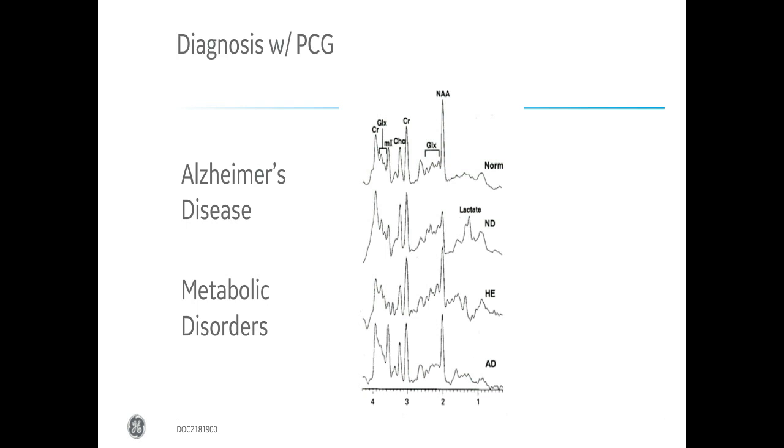So for 3 different diseases, and you clearly see that there are differences in the pattern of these 3 diseases. So you have an increased myoinositol in the Alzheimer's disease. You have a decrease in NAA, in hypoxia, beside the appearance of a lactate signal.